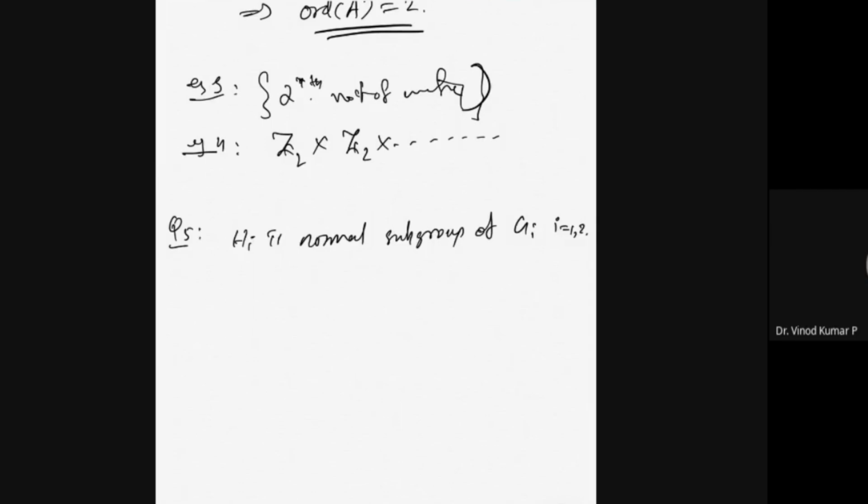Okay, so assume that G1 by H1 is isomorphic to G2 by H2.